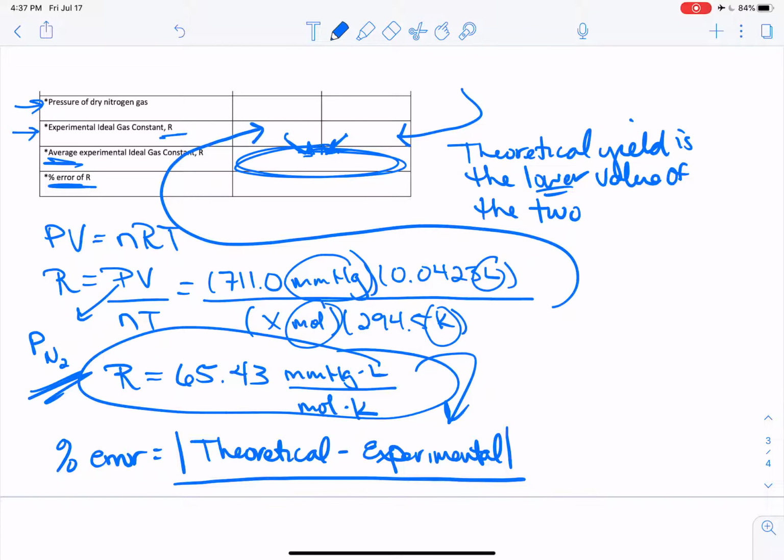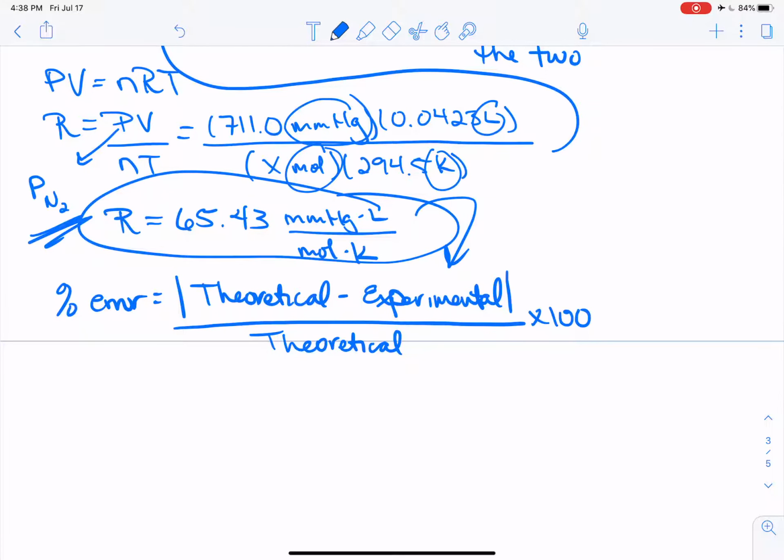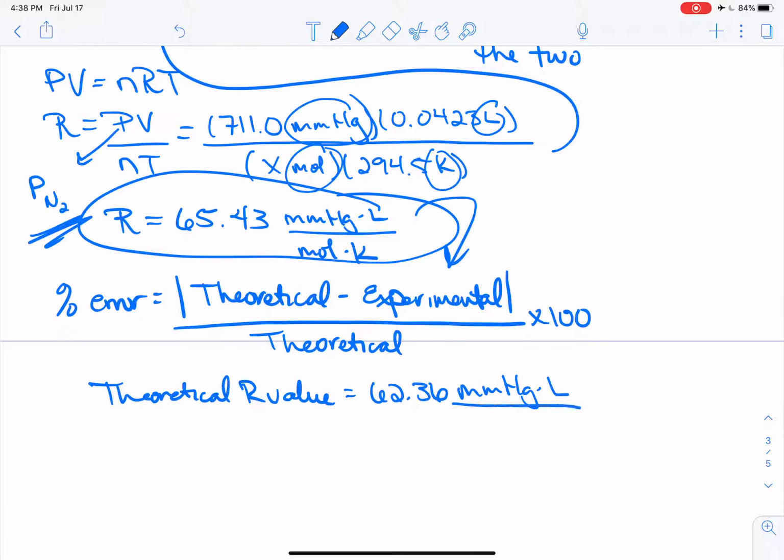And then you're going to divide that by the theoretical value, which sounds really strange because you're using the theoretical value twice, but that's how we do it. And you're going to multiply that by 100. So the theoretical value for R is 62.36 millimeters of mercury times liters divided by moles times Kelvin.